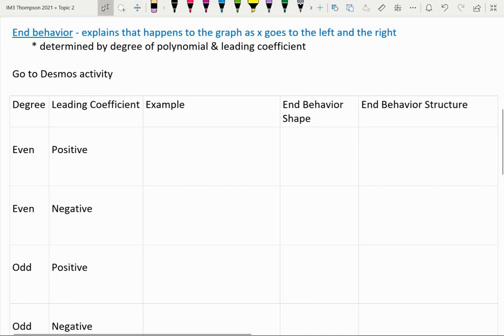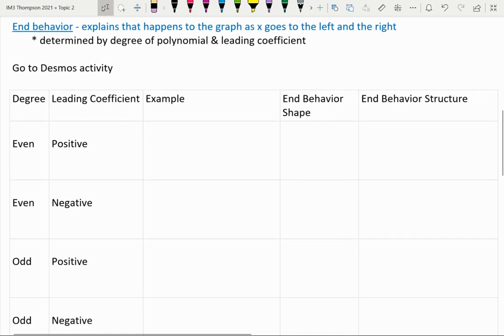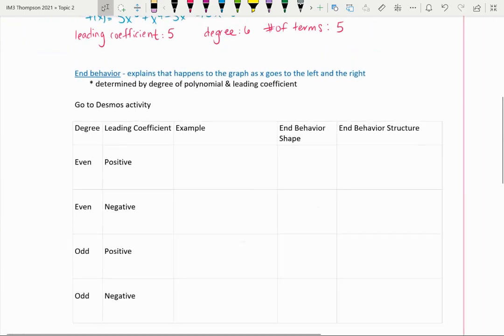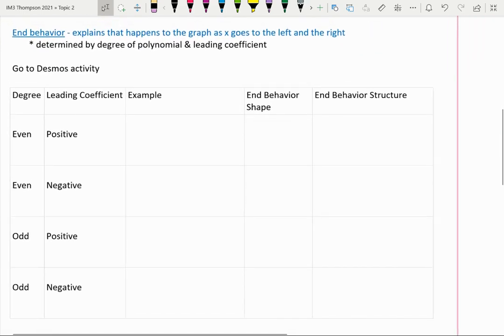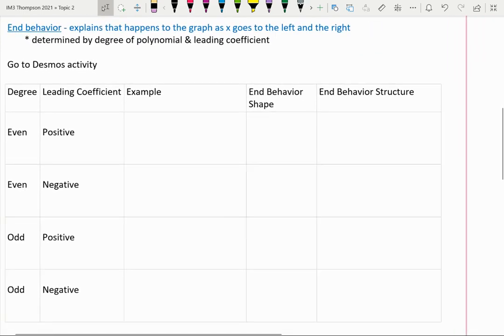And then I'm going to ask that you copy this table into your notes. So I have to zoom out a little bit more. Bless you. So on the table, I've got degree across the top, leading coefficient, a spot for an example, end behavior shape, and end behavior structure.